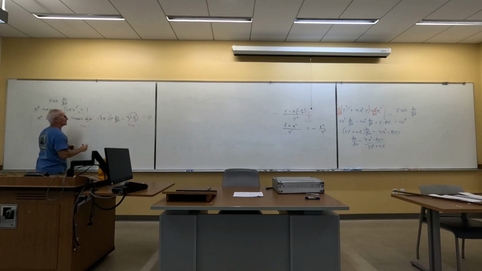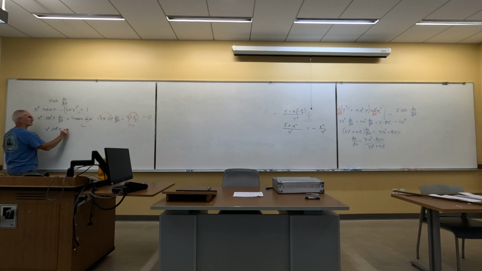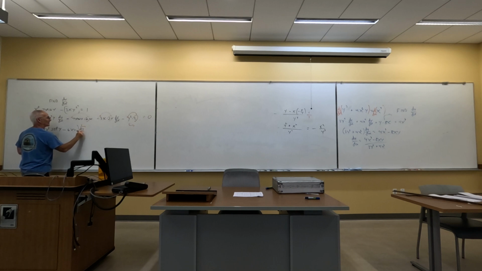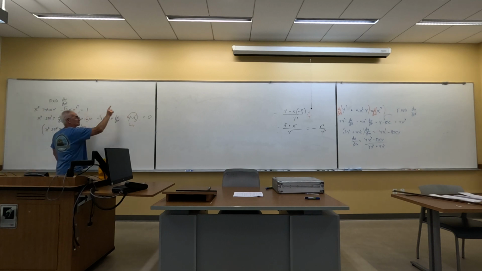What's this? 6x, negative 6x, minus 6xy all times dy dx. Now, everything else went to the other side, so this became negative and this became positive. So I think I might want to write that one first.